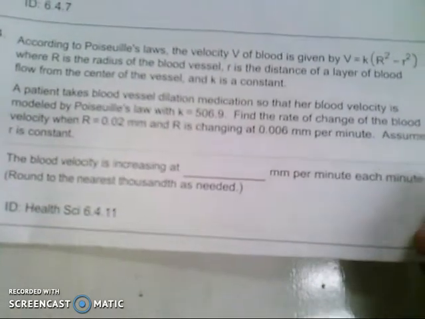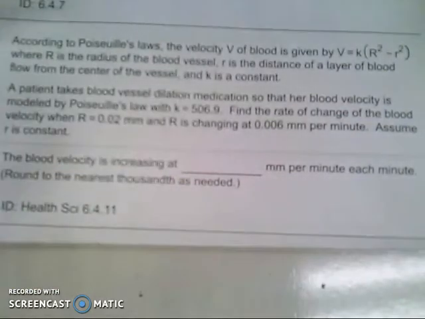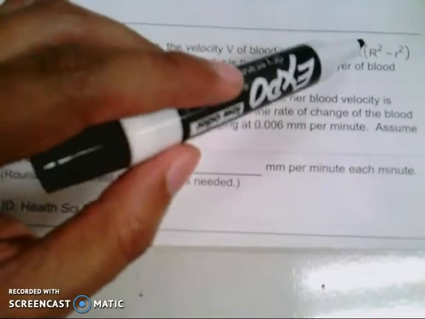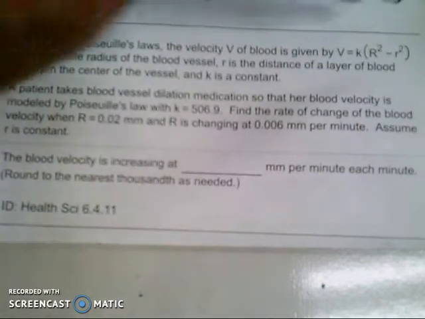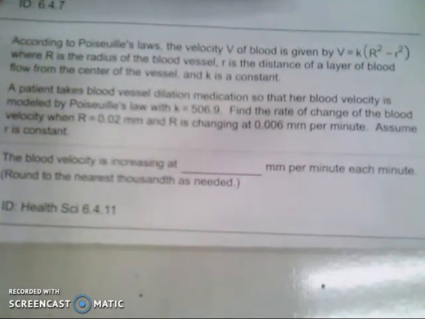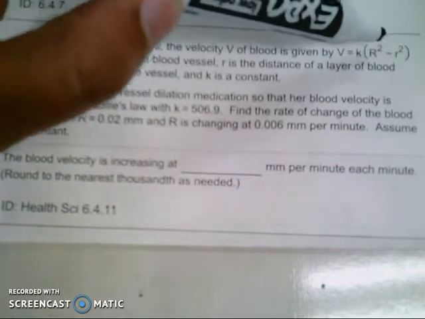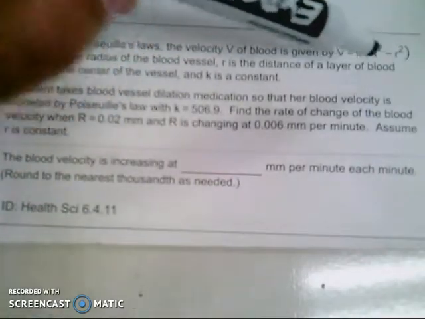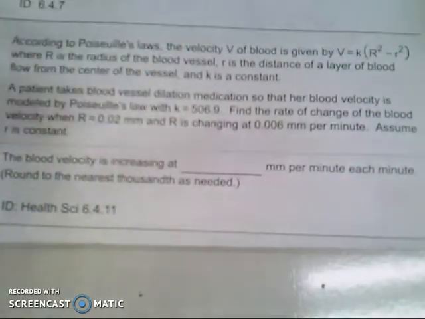So first thing we need to do is make sure we understand all of this information in the context of the problem. It tells us K is just a constant number. r, lowercase r, is also a constant number. So we're not treating those like variables in this situation. Even though they stand for variables in the formula, the numbers are given to us and they're telling us that we treat them like constants in the equation. So if we take the derivative of just those numbers by themselves, it's going to be 0.